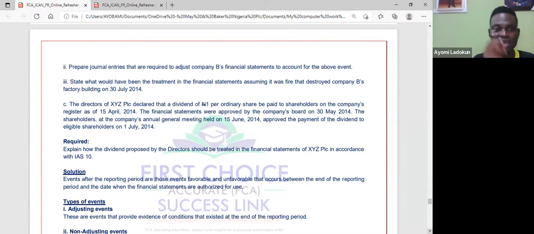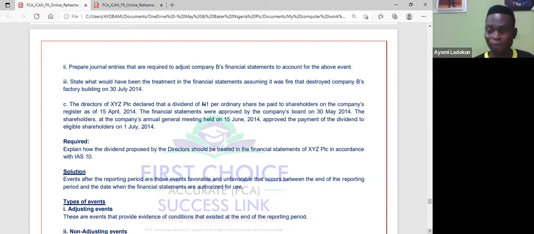It says, state what would have been the treatment in the financial statement, assuming it was a fire that destroyed company B's factory on 30th July. Did you see that? On July 30th. So what would have been the treatment? That is a non-adjusting event because it is indicative of conditions that arose after the year end.